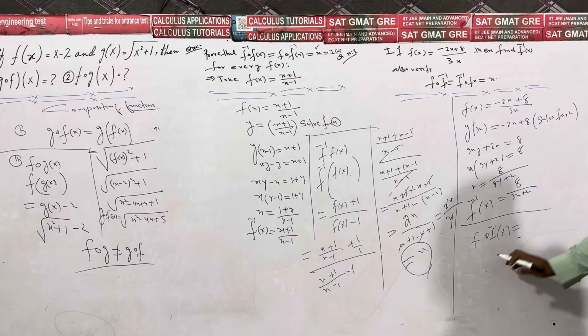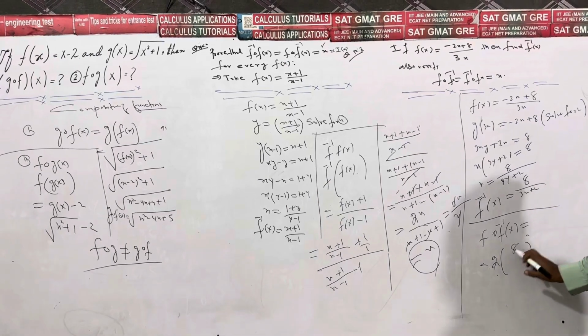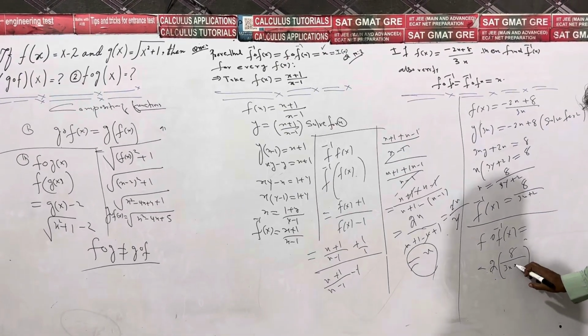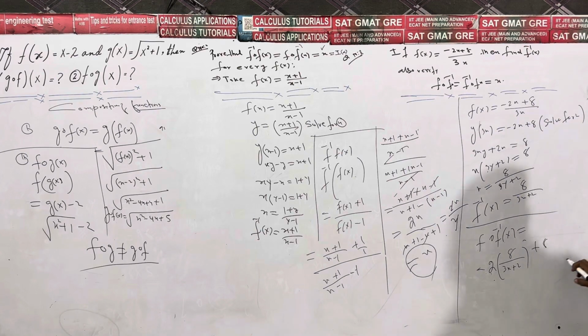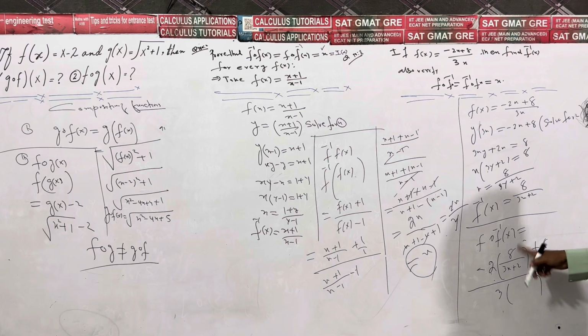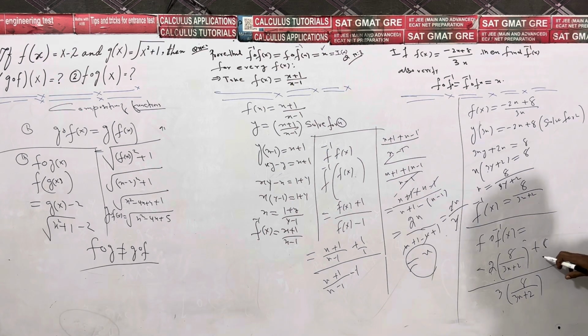That is our function, minus 2 times our inverse: instead of x, put 8 over 3x plus 2 in the function, plus 8, overall 3 times f inverse of x, that is 8 over 3x plus 2. Taking the LCM, the 3x plus 2 switches over, so it is 8 times 3x plus 2.